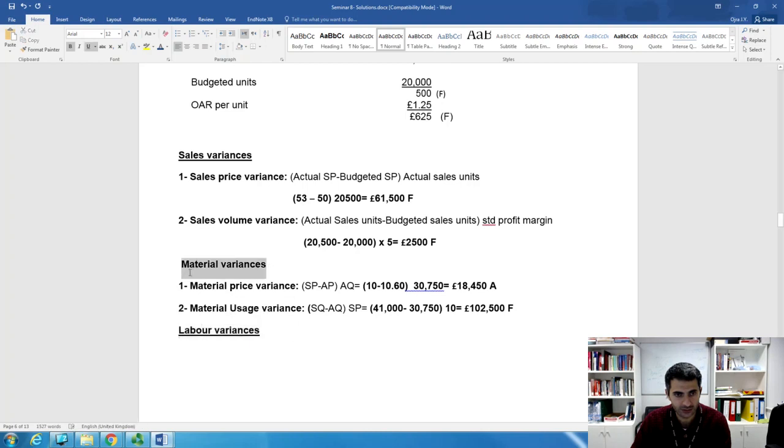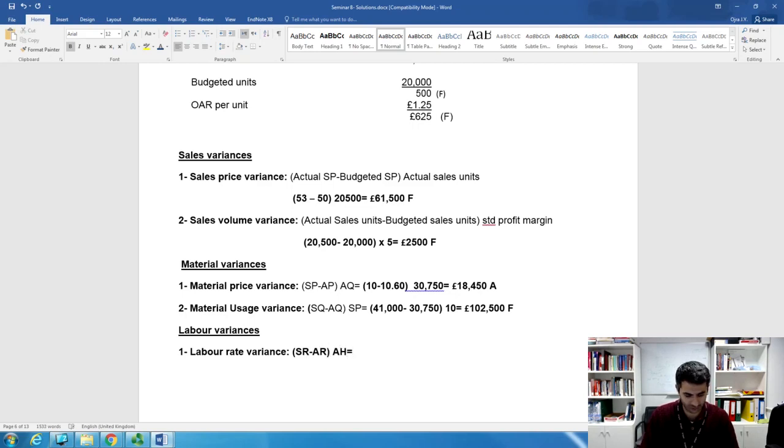So first one, labor rate variance, which is the same formula as a price variance, but instead of P for price we put R for rate, and instead of Q we put H for hours. So let's do it. That's standard rate minus actual rate, multiplied by actual hours.